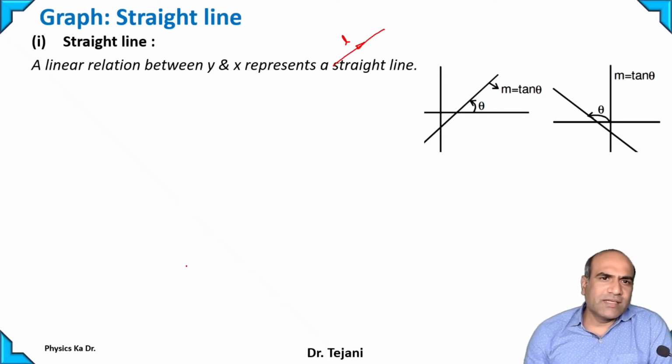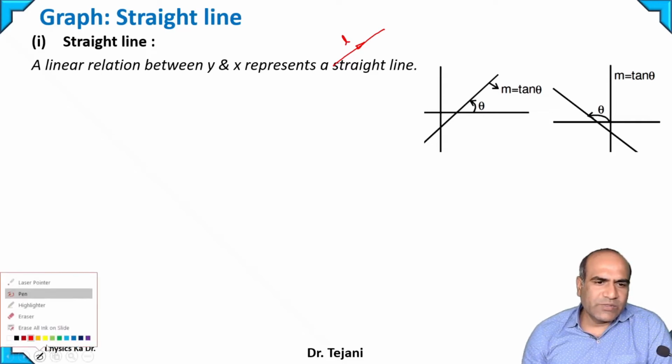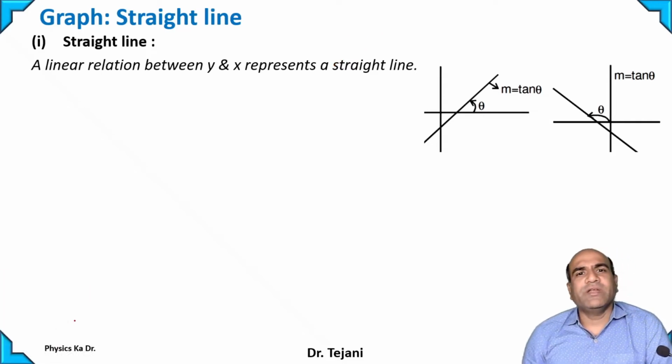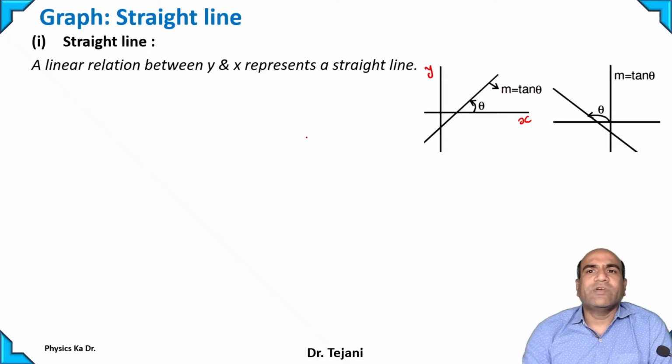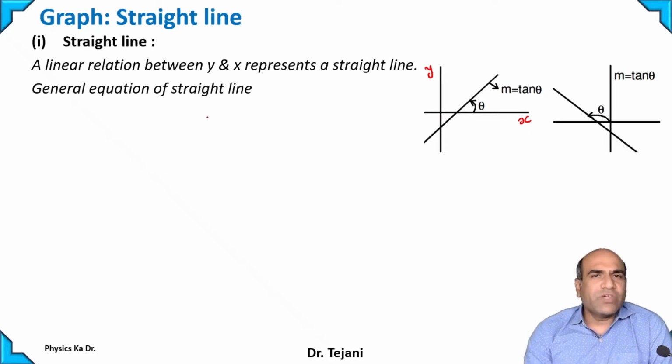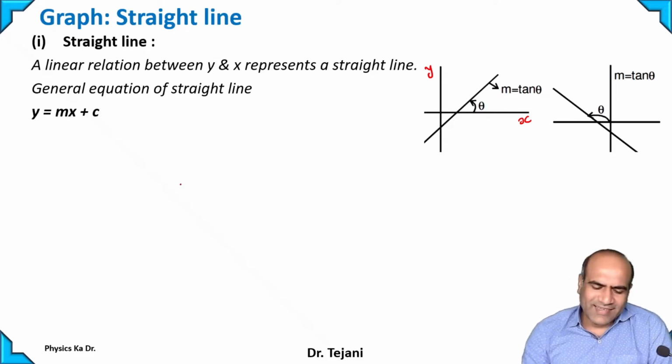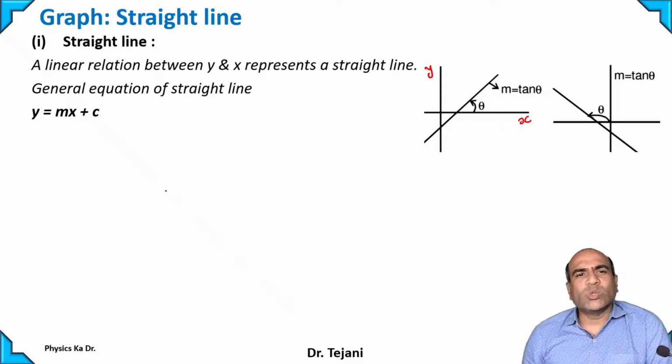It gives a linear relation between y and x, and that represents a straight line. We consider this the x-axis and that the y-axis, and if you draw a line, that is a straight line, and we know the equation of a straight line. What is it? It is y is equal to mx plus c.